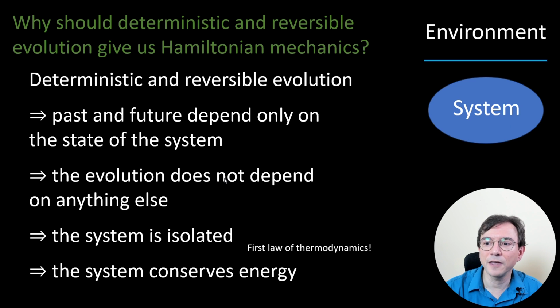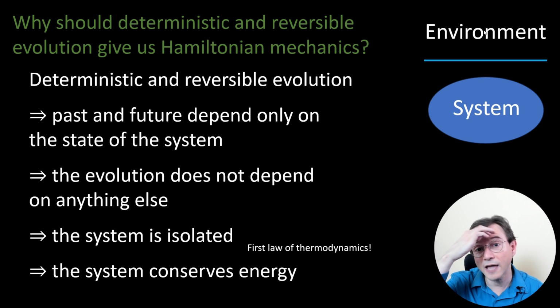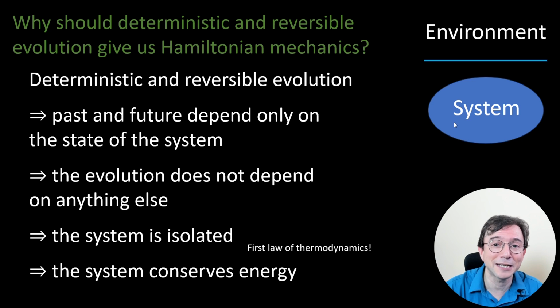Which means that the past and future evolution does not depend on anything else. In particular, it does not depend on the environment. The environment can do whatever it wants, it is not going to affect the system. So in this sense, the system is isolated. Its evolution does not depend on the environment.